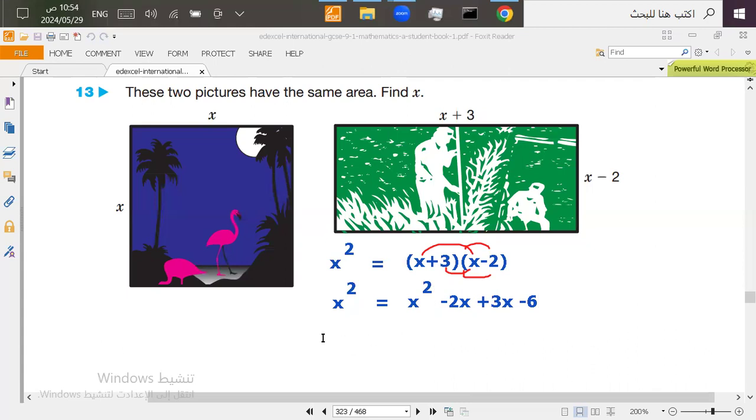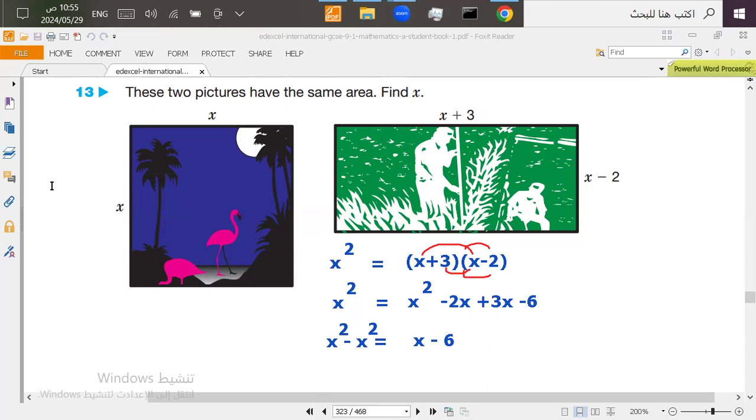Now you continue with the answer. So let's take the x squared to this side. So x squared minus x squared will equal to. So this one is x power of 2 minus x power of 2. Took this x power 2 to the side, so we made it negative. And then we have negative 2x plus 3x is going to be x, and then minus 6.